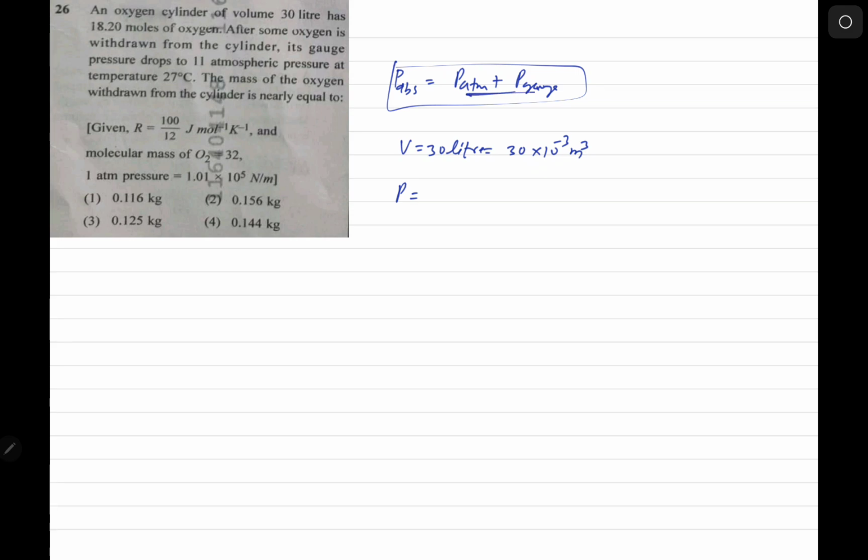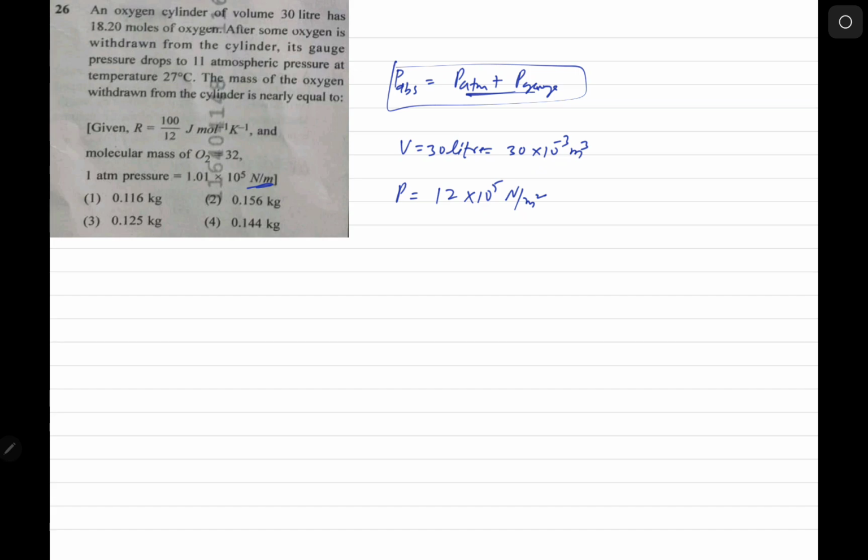So 1 plus 11, so 12 atm. Yeah, 12 into 10 to the power 5 Newton per meter square. I think there's some unit error here. Okay, fine.